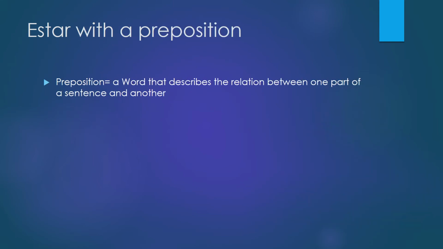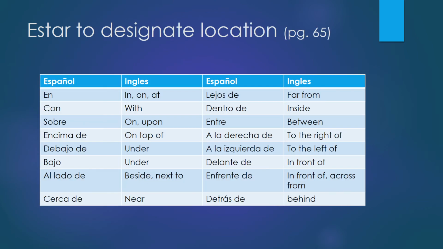So in order to talk about location, you're going to need to learn some prepositions. So a preposition is any word that describes the relationship or the relation between one part of a sentence and another. Those connecting words that we use. Here's a list of some connecting words, some prepositions.